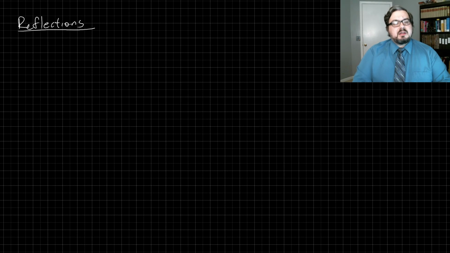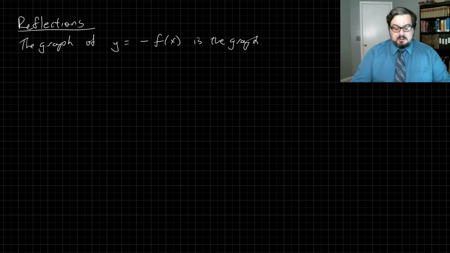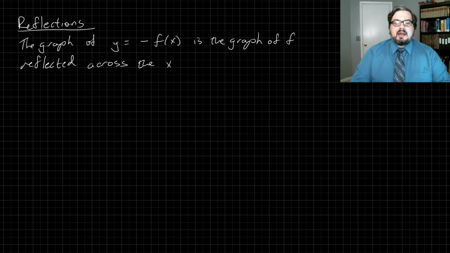So let's summarize how reflections work. The graph of y equals negative f of x is the graph of f reflected across the x-axis. Or in other words, each y value is multiplied by -1.